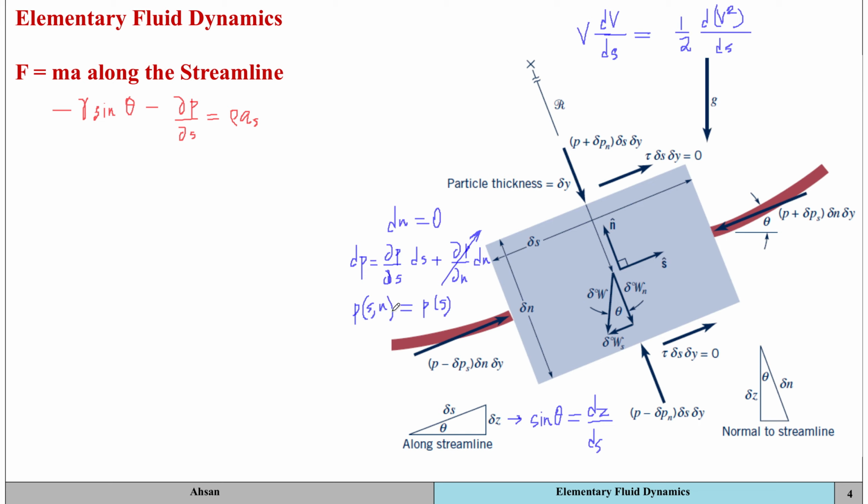And that means that we can write this equation in terms of, mathematically, I'm moving ds onto the other side, so it becomes dp by ds equals partial p by partial s. But what's really happening is that because pressure is only dependent on streamline direction now, there is no need for partial derivatives anymore. I can just take the ordinary derivative, dp by ds. And now I can plug all of these into this equation here.